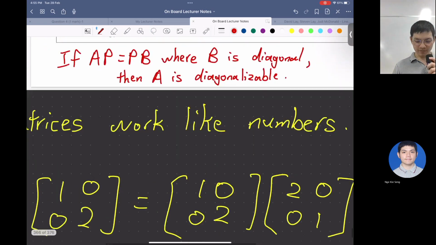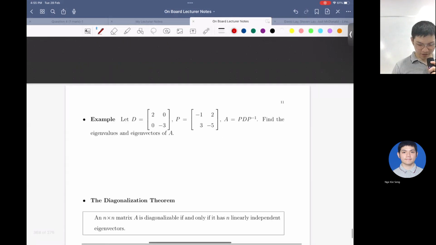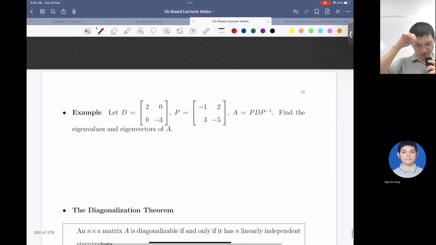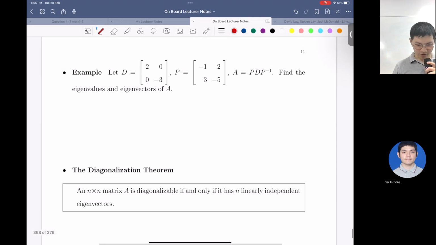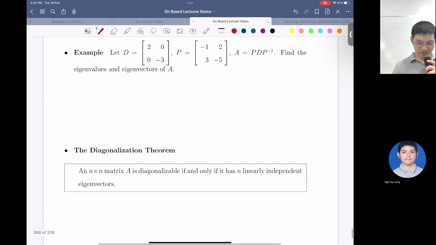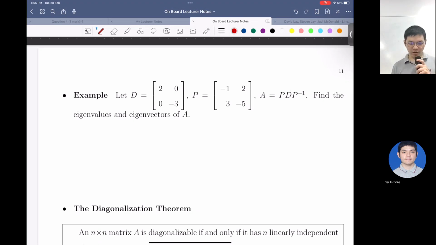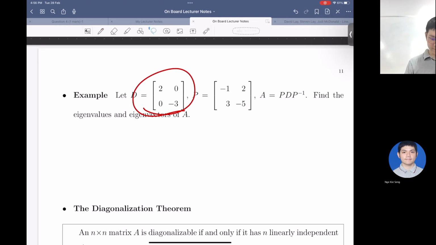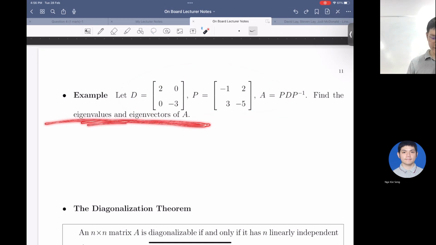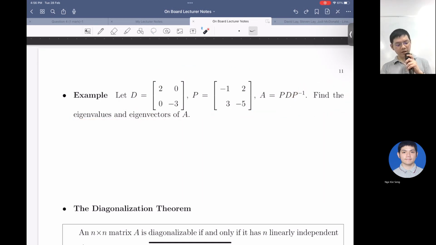Any objection? No. Okay, so let's look at this one. Let D be the same example as just now, but let's say we want to find the eigenvalues and eigenvectors of A. So what have we learned?